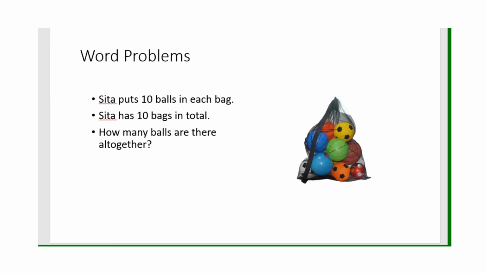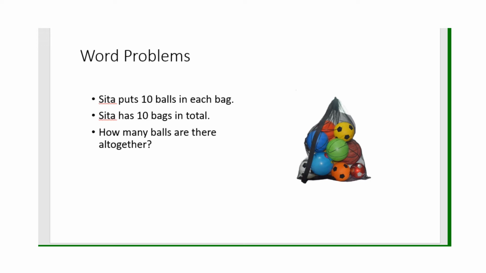Now then, Sita puts 10 balls in each bag, and she has 10 bags in total. So how many balls would there be? You've got to imagine that there are 10 bags with 10 in each. What would that calculation be? It wouldn't be 10 add 10, would it? Because we have to have 10 bags with 10 in each.